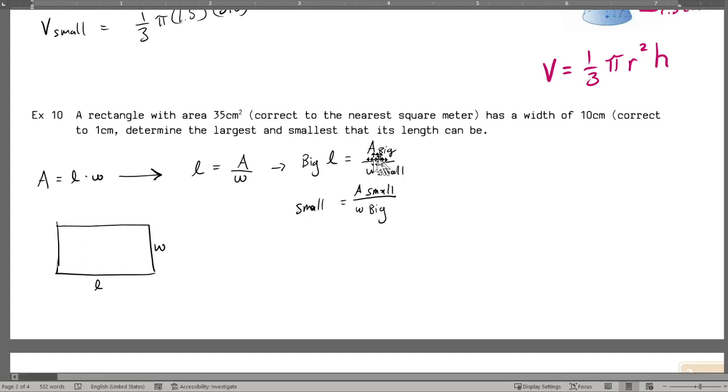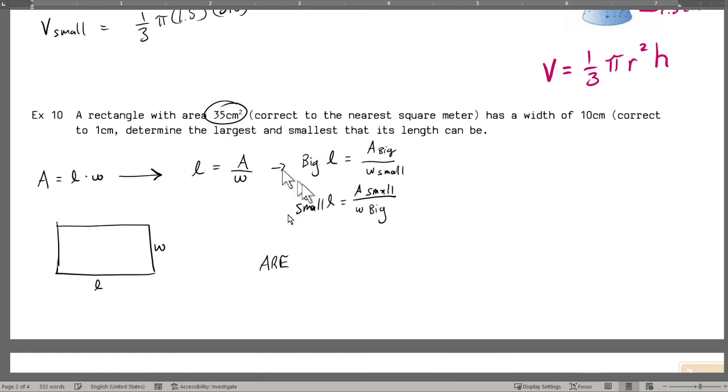Think about this. In order to make this side big, the numerator of the fraction needs to be big. And the smaller the denominator is, the bigger a fraction is. Down here, if I have a big denominator, the overall fraction becomes small. Remember, this overall fraction, area divided by width, is equal to the length. Now that that's being said, I'm going to want to figure out my area.